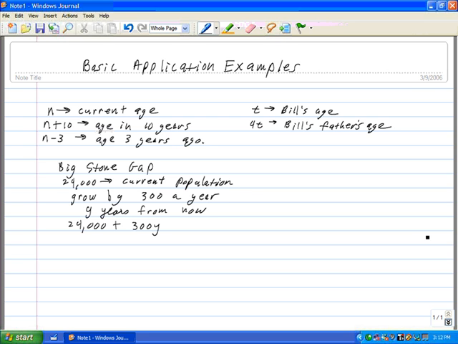And this type of technique can be used for anything that's starting with a specified amount and growing or shrinking by a consistent value over a period of time.